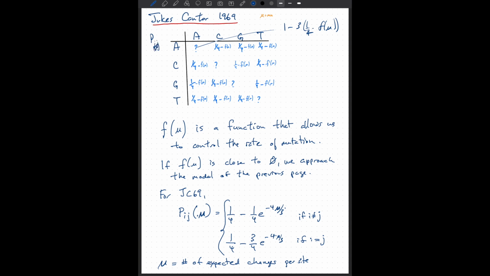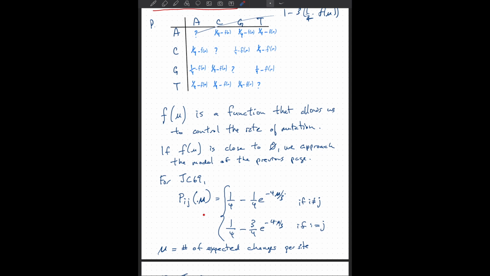This is matrix P. And so the ith, jth entry of P, with respect to mu, is our parameter to that function now. That's going to be equal to 1/4 minus 1/4 e to the minus 4 mu over 3.